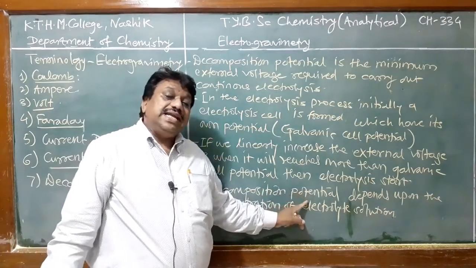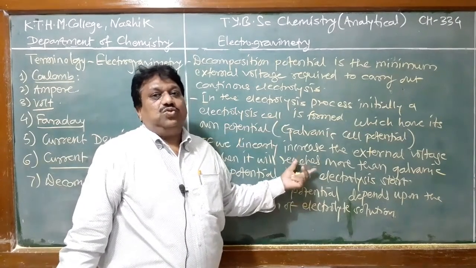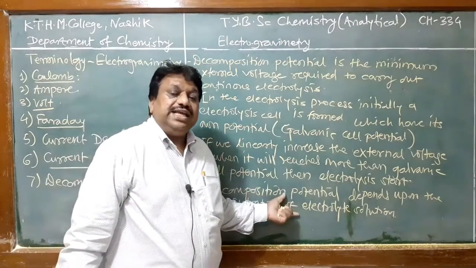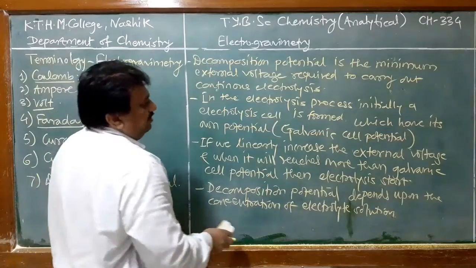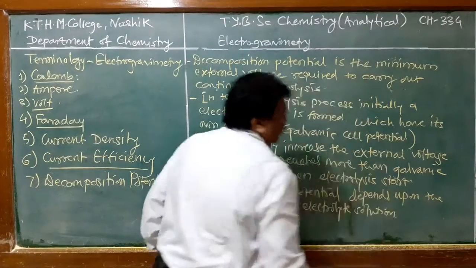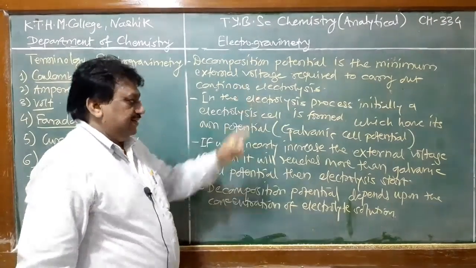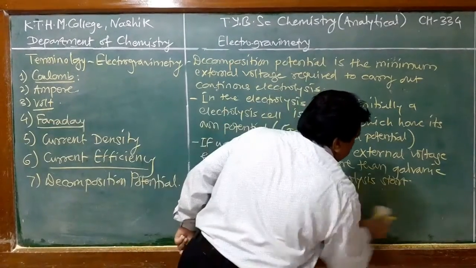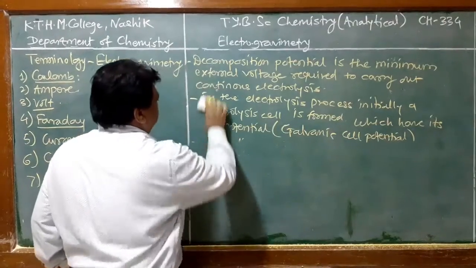If the solution is very dilute, then it requires more potential to carry out the deposition. At that time, the decomposition potential increases. Therefore, decomposition potential is the minimum external voltage that must be applied to the electrolysis cell in order to carry out continuous electrolysis.